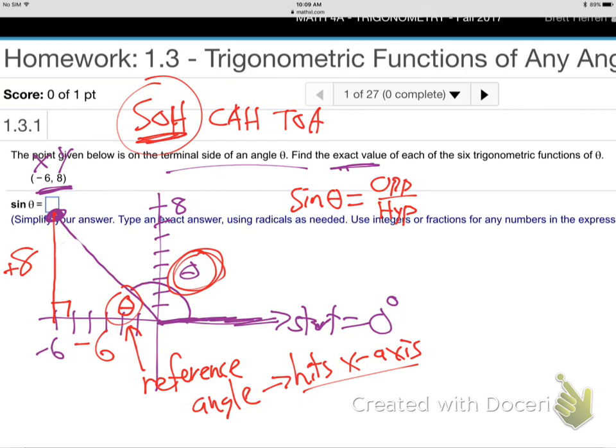It says right here, sine is opposite over hypotenuse. So look at this angle theta. Who's the side opposite this angle theta? 8. The 8, over the hypotenuse. Well, that's here. I don't know. I'm going to have to do some work with the Pythagorean theorem to find that hypotenuse, and then I can finish answering my questions. You with me?